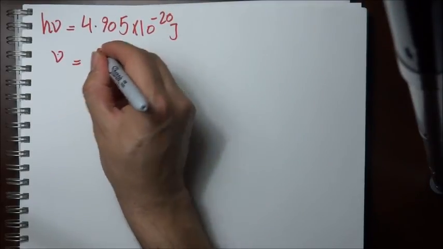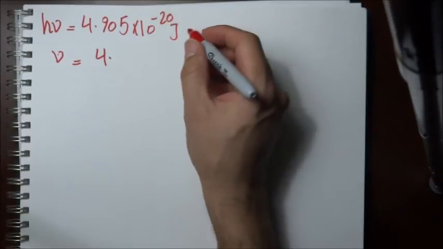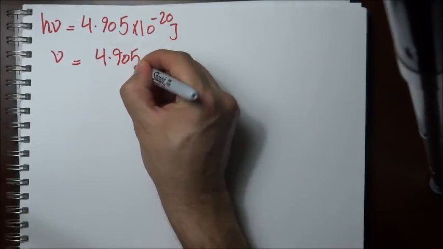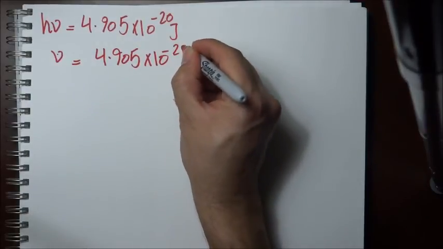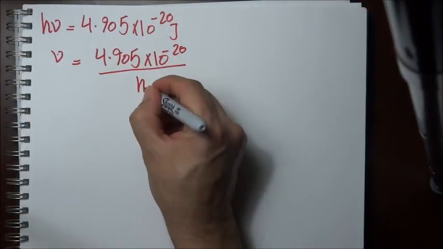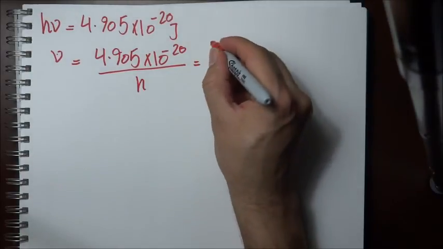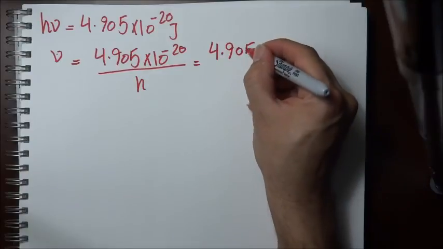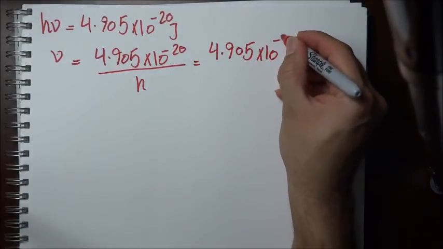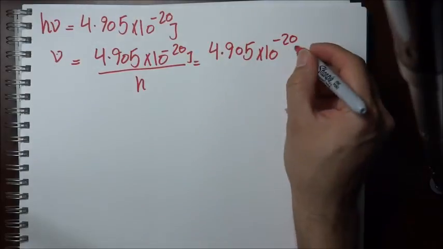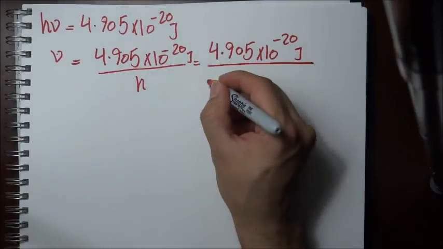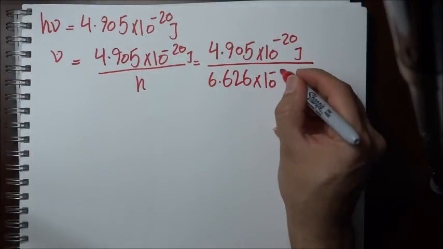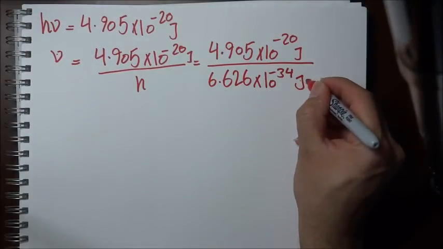So frequency will be delta E, or energy change, divided by h, and replace h by Planck constant number, which is 6.626 multiplied 10 to the power of minus 34 joule second.